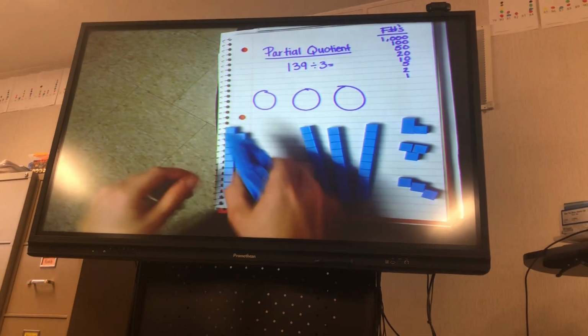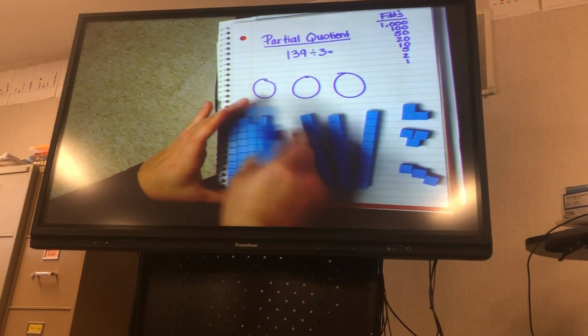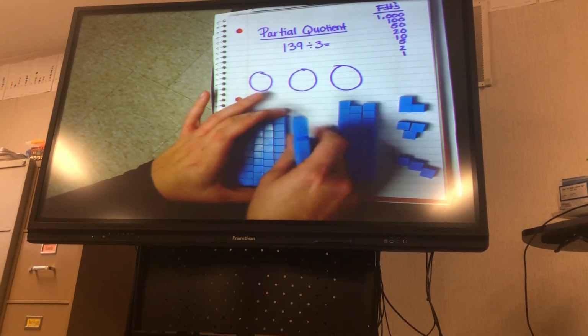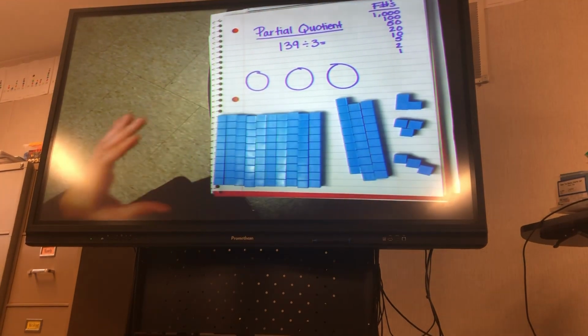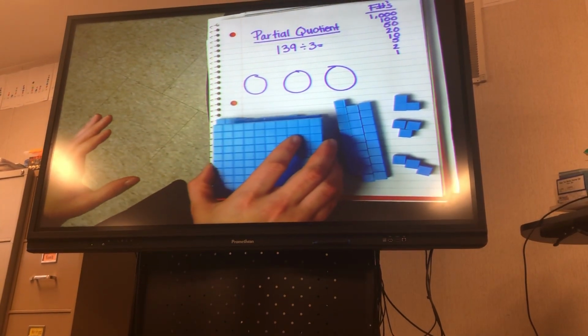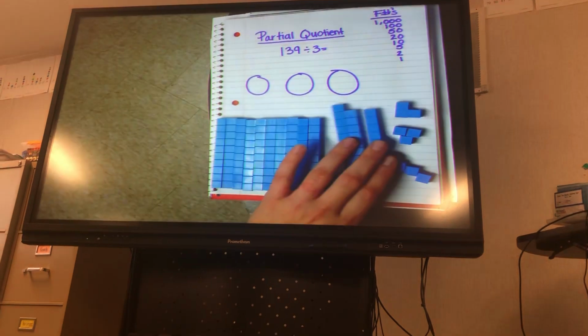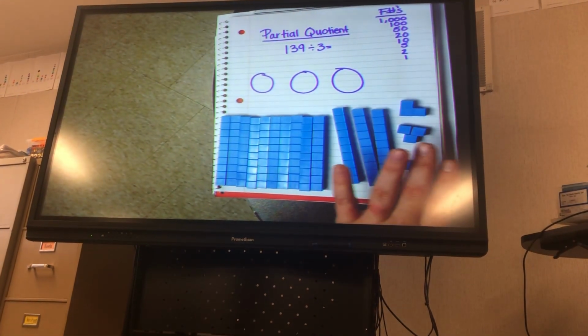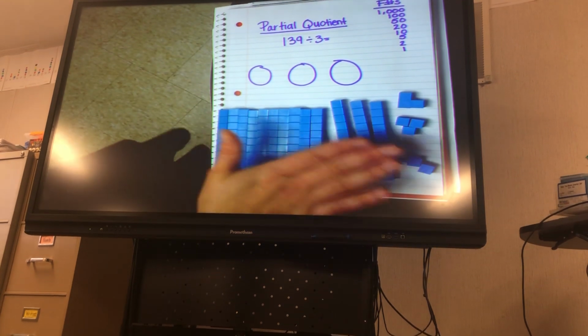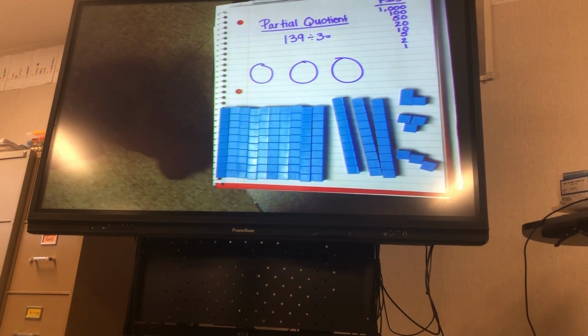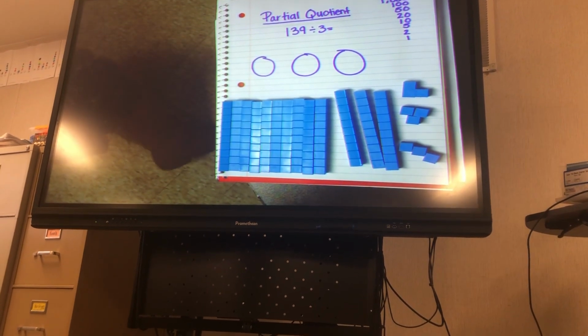Okay, 1, 2, 3, 4, 5, 6, 7, 8, 9, 10. Those 10 individual bars are the same thing as one big square, plus the 3 I had, plus the 9 individual pieces. So now I have 13 bars that I can divide between my 3 friends.